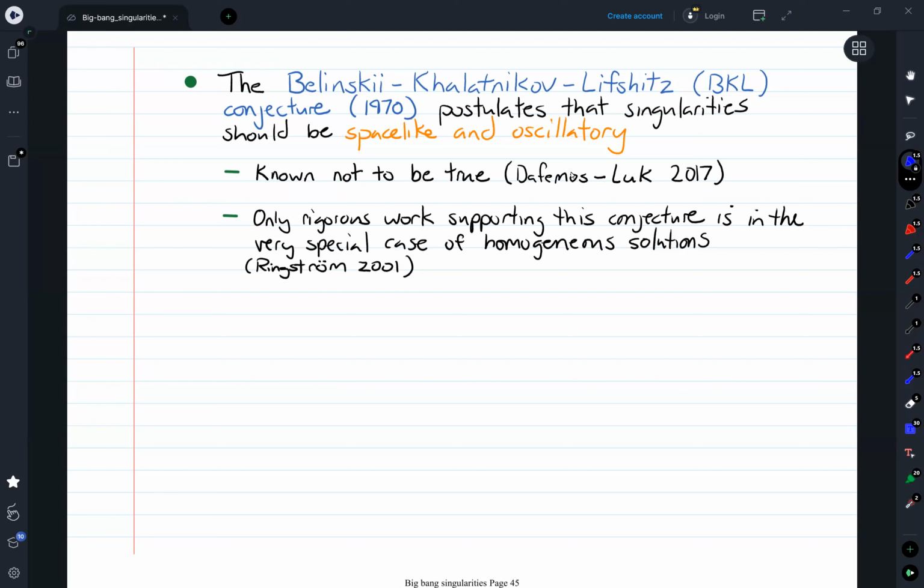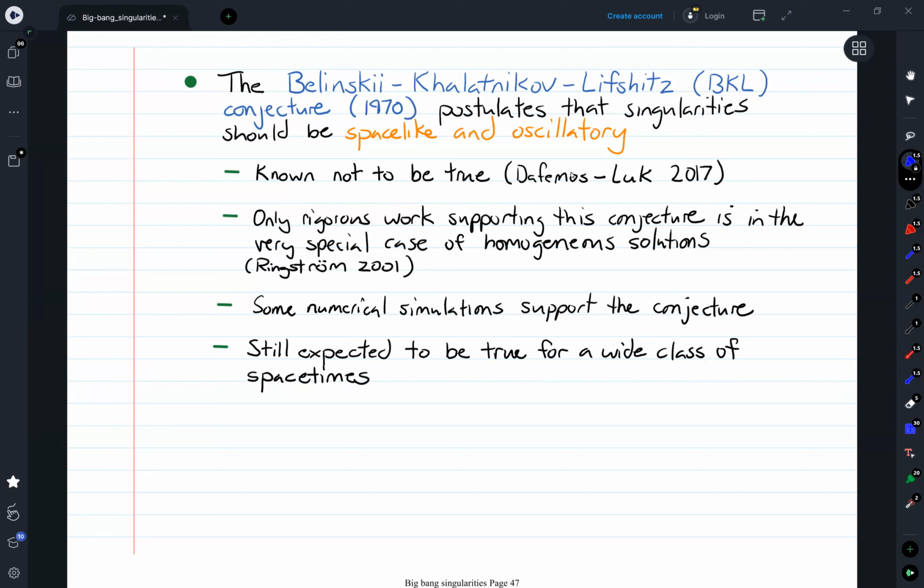But already this is at the edge of what people can do with ODEs. So when you transition to non-homogeneous spacetimes and you have to deal with the PDEs, it's somehow beyond our abilities right now to analyze what's happening near these big bangs. Okay, there are also some, but limited, numerical simulations that support this conjecture.